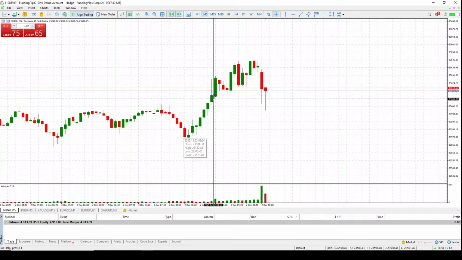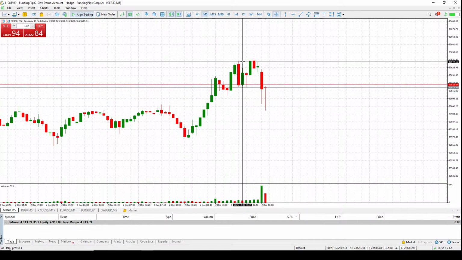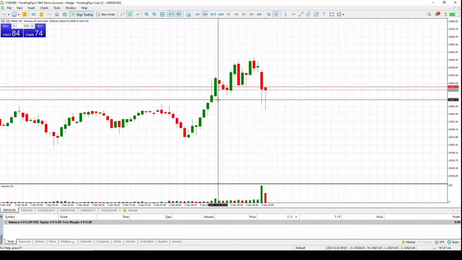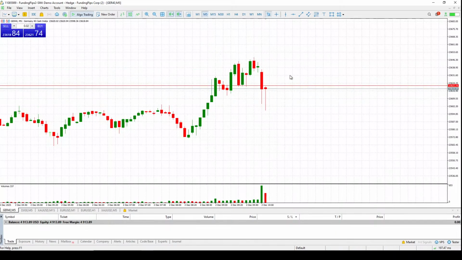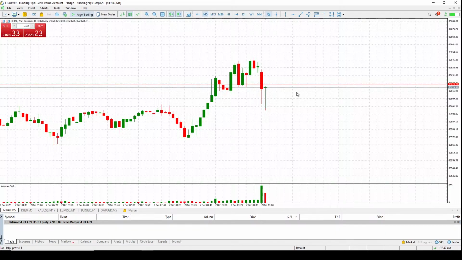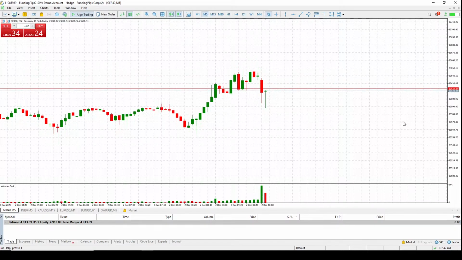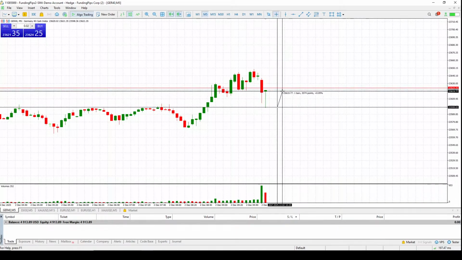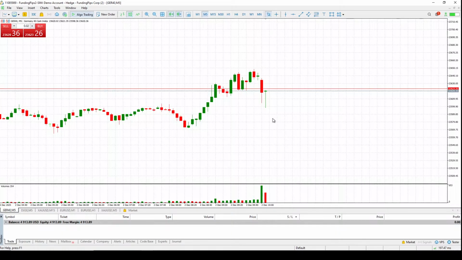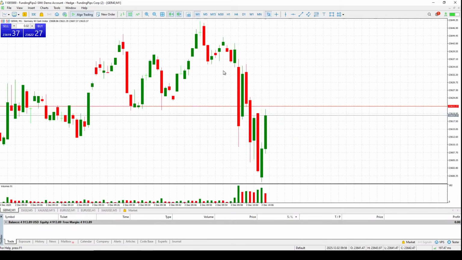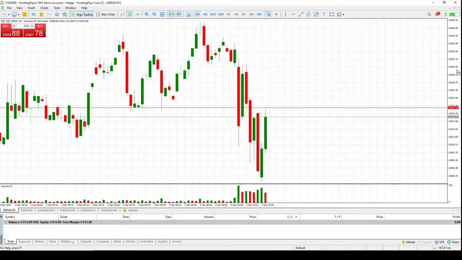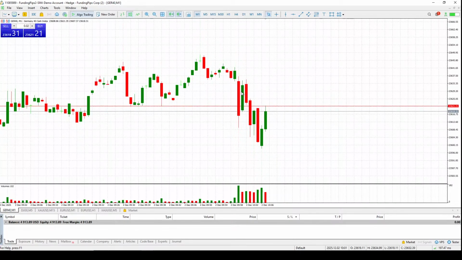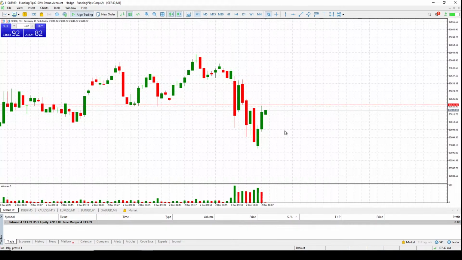I think today the Asian session was a little bit bullish, but I'm not sure if it will hold or if it will again revisit the lows of yesterday. A little bit of choppy chop, but I can see some huge selling candles.